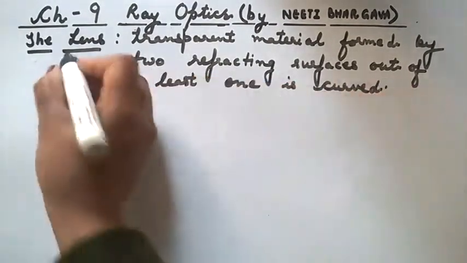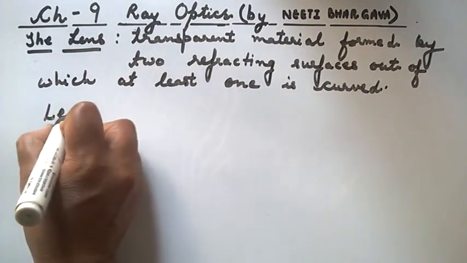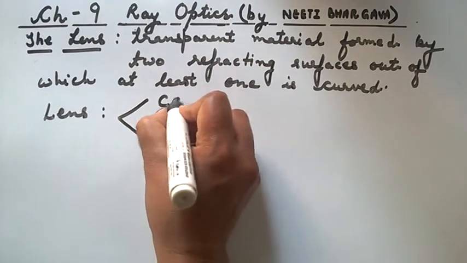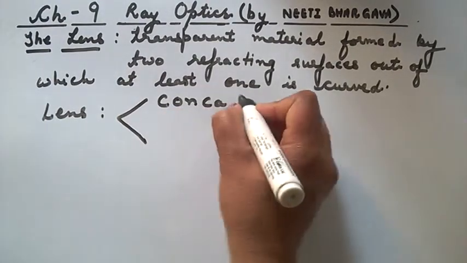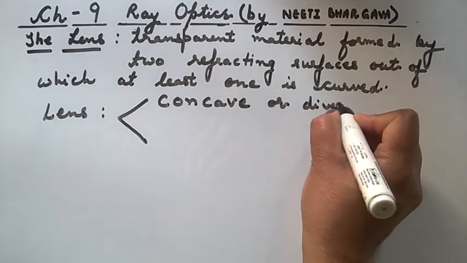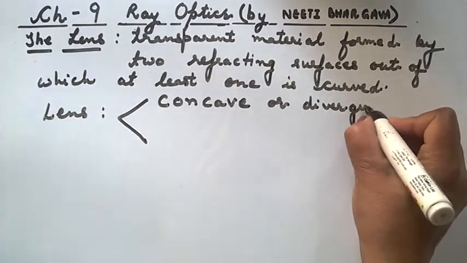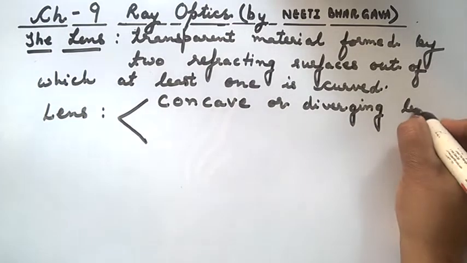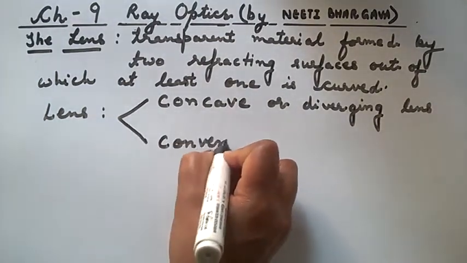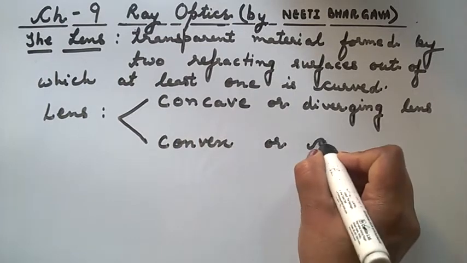We know that the lenses are of two types. One is concave lens and the other is convex lens. Concave lens is also known as diverging lens. Another one is convex or converging lens.